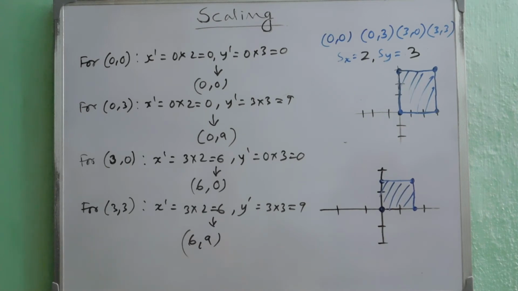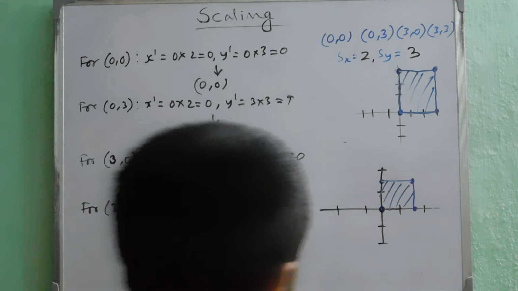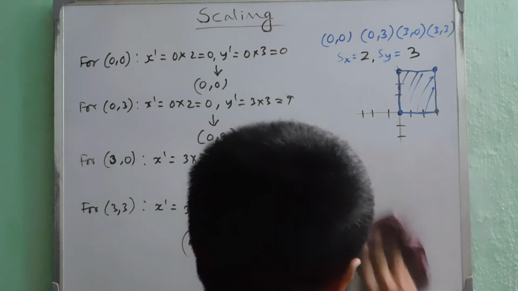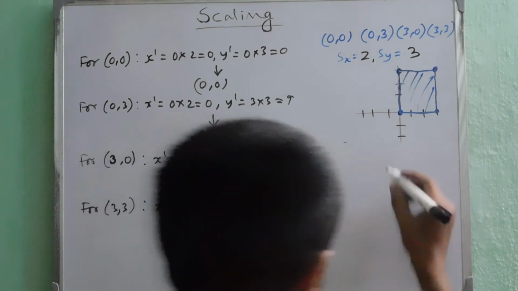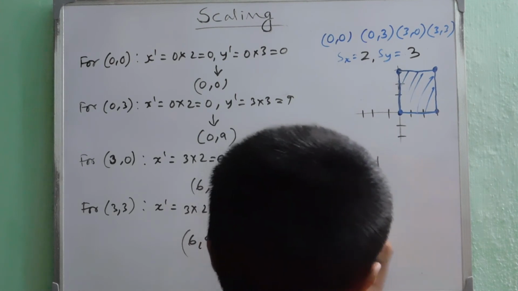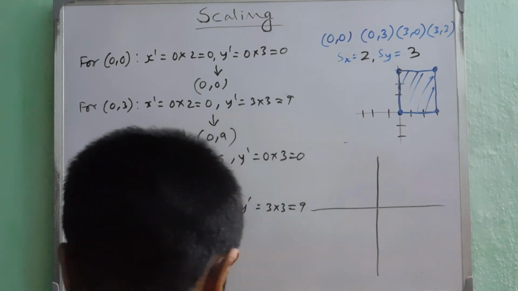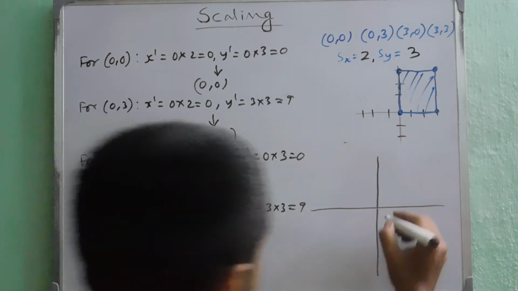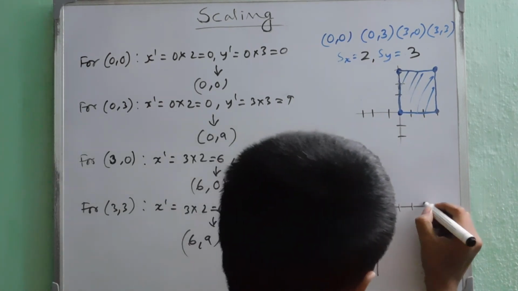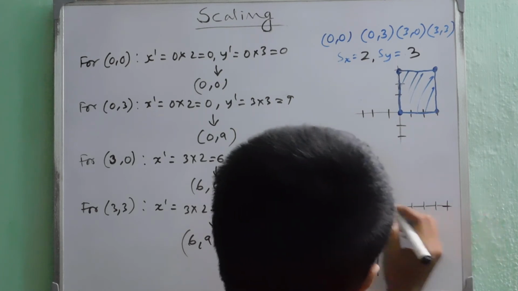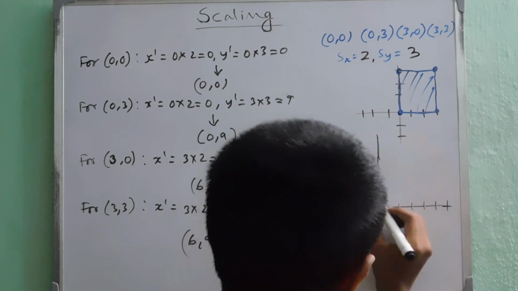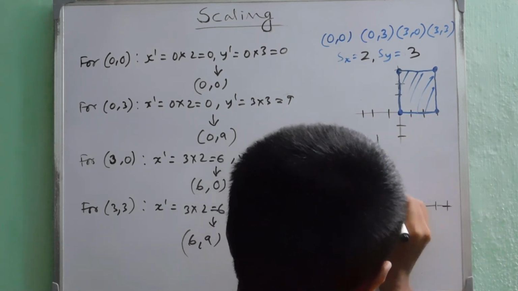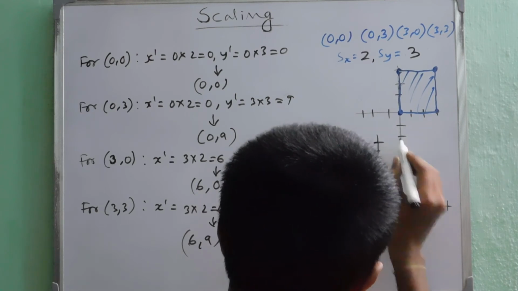Okay, so let's see the new square. For x we have maximum 6, so 1 2 3 4 5 6. For y we have 9, so 1 2 3 4 5 6 7 8 9.